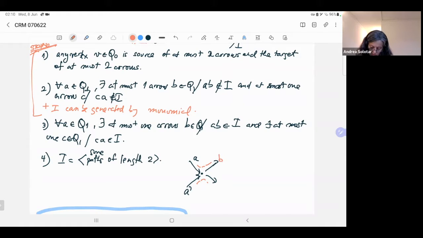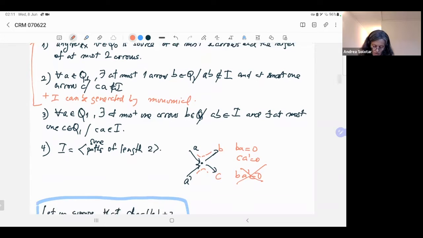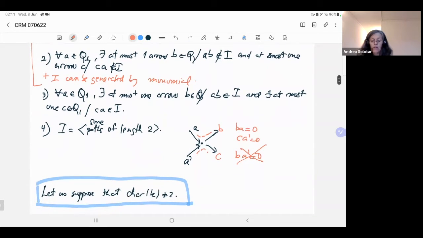Let's call this B and this C. So BA is 0 and CA prime is 0. But you cannot say that BA prime is 0, because then both CA prime and BA prime would be 0, and this is not allowed. So with each arrow, you can continue just in one way which is non-zero.